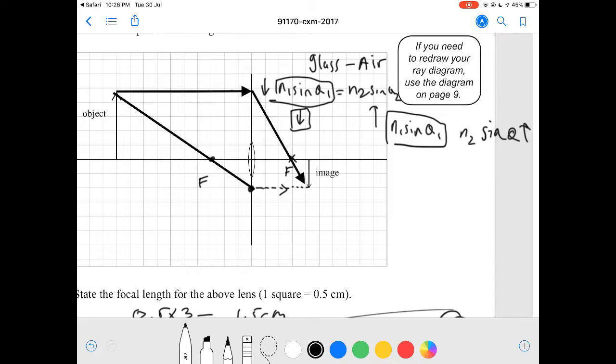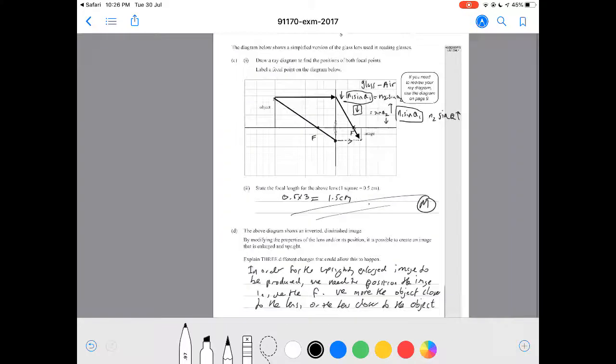If we generate a lower result here, then sine theta 2, so the theta 2, will also drop. If we have a lower angle of refraction, it will stay above the horizontal axis for longer, so therefore our focal length will increase.